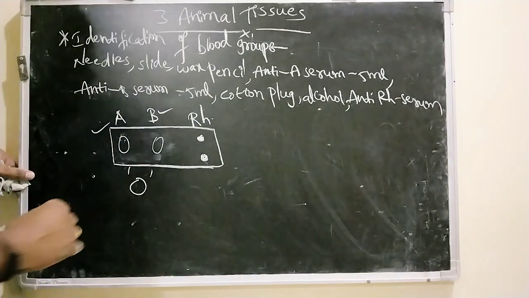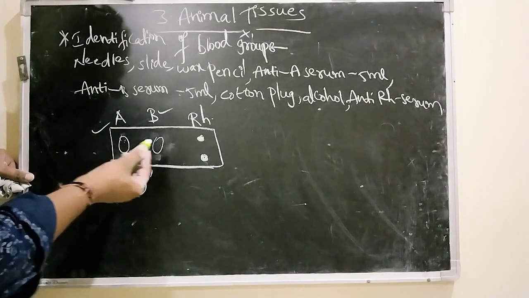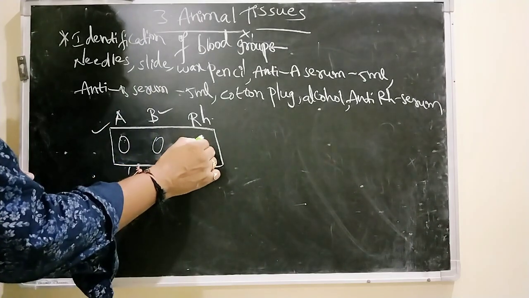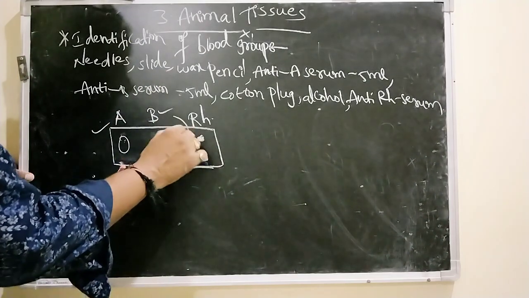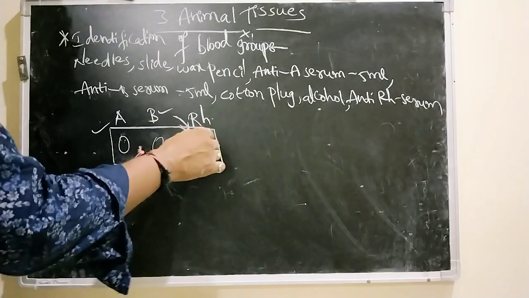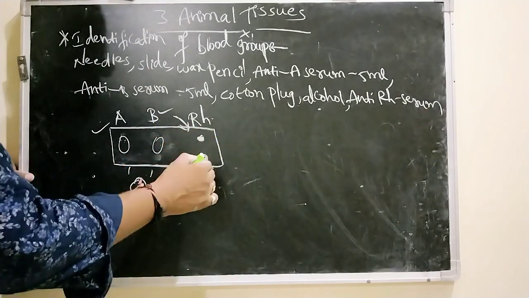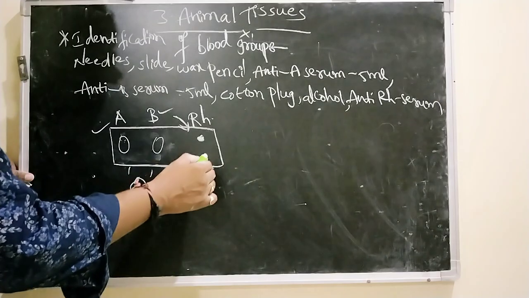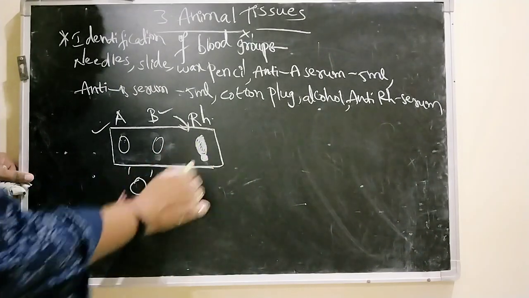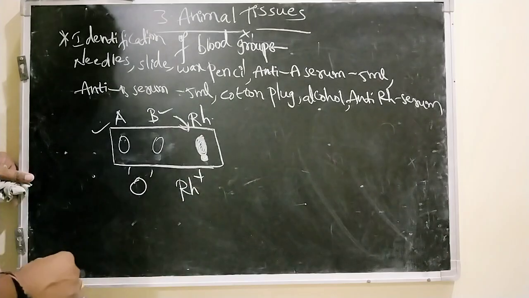And what about plus minus, means positive, negative? It takes some more time for the blood to clot where we added anti-RH serum. If the person's blood sample mixed with anti-RH serum is clotted, that person is said to be RH positive.